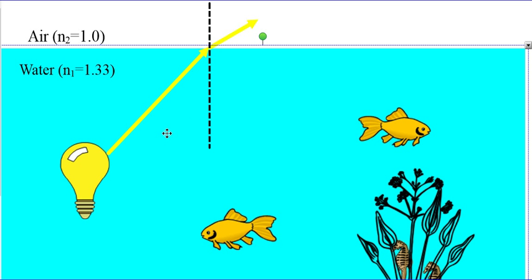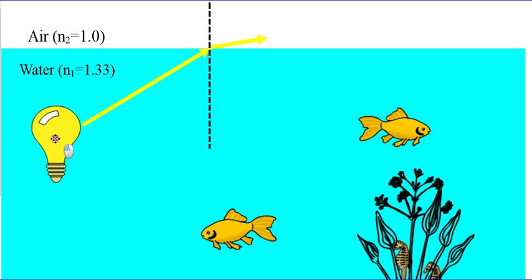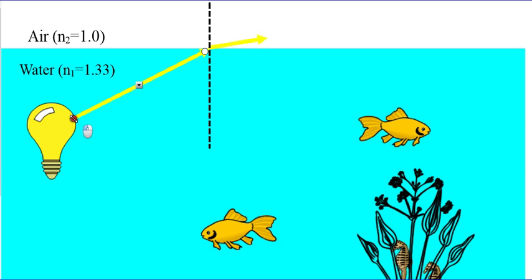And so for the concept of total internal reflection, this is the idea that we are going to be moving this light source away from the normal, which means that it's going to be continuing to refract away from the normal. And at some point, when we keep moving this, the refracted ray will now move parallel to the surface.